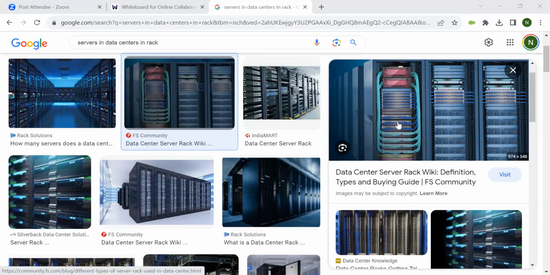So this particular server has all the servers installed. But in a data center, in a single rack, we have a combination of different servers. Those are the database servers, which is again a normal compute machine, but that particular server is only allocated to database related work.